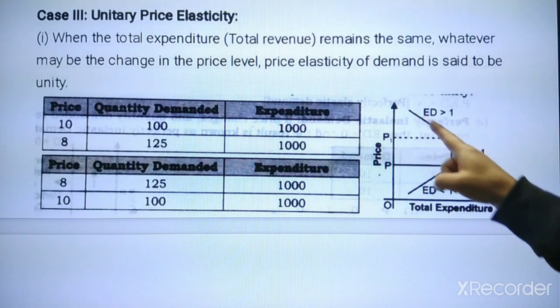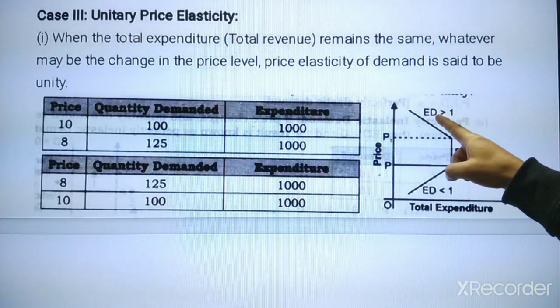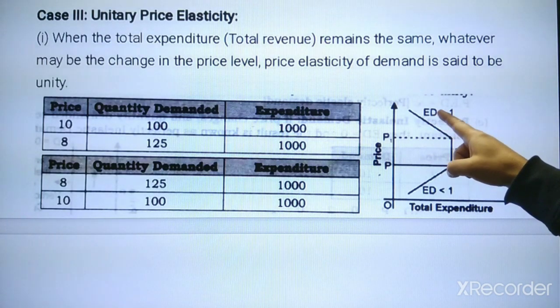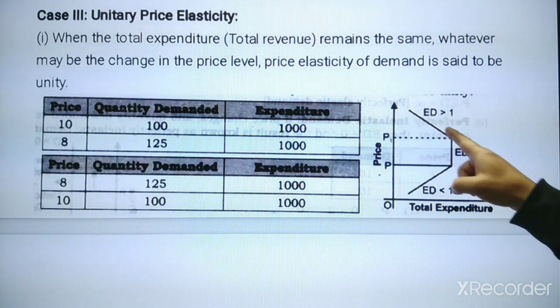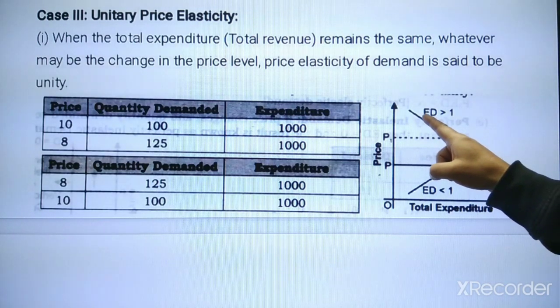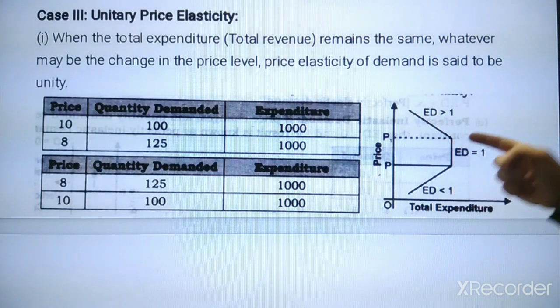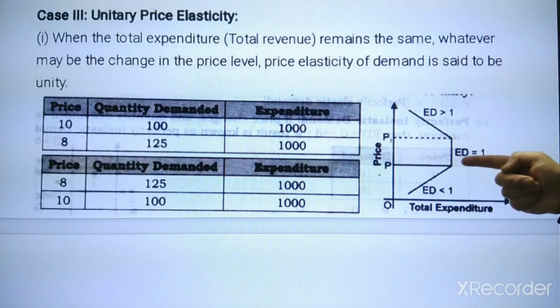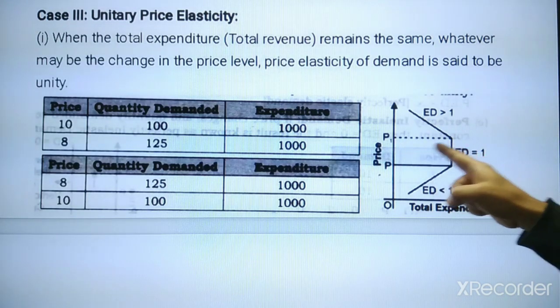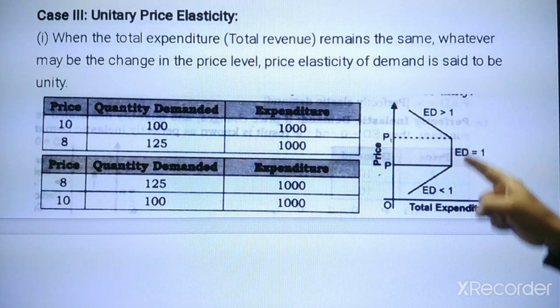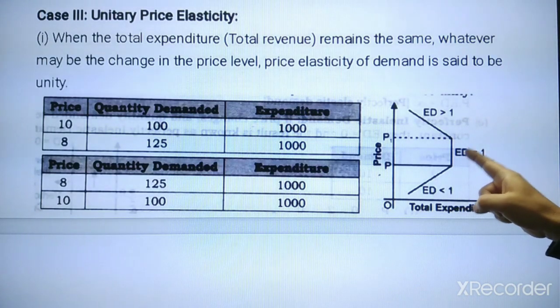This part of the graph shows price elasticity of demand is greater than 1. So this part is showing elastic demand. This vertical line shows that there is a change in the price but expenditure remains the same. So this is unit elastic.